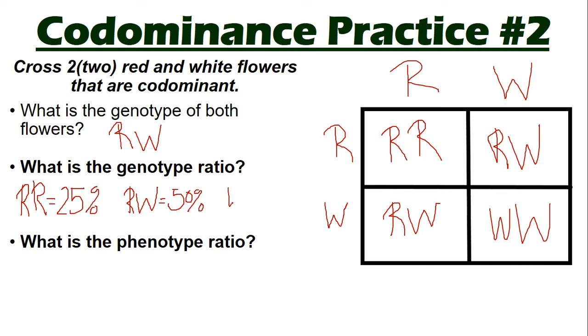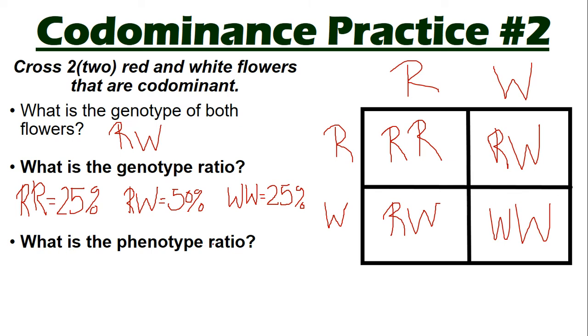And the last one I see is W, W. How many boxes is that? There's 1 box. That's 25%. Do you guys see, if you've been watching these videos, I talk this out as I do it. That's something you should be doing, even if you don't do it out loud. In your brain, these are the questions you should be asking yourself as you solve Punnett squares.